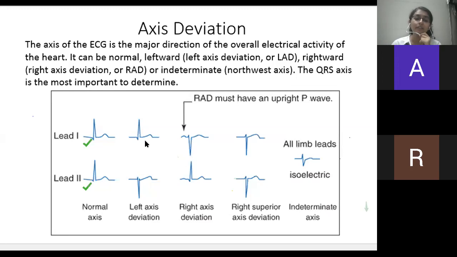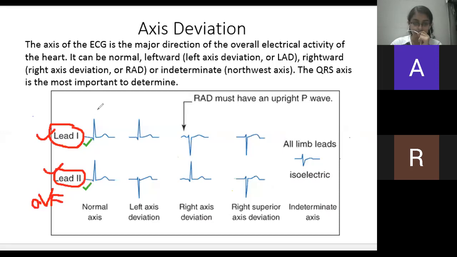Or it can be left axis deviation. For seeing axis deviation, you have to correlate the directions of R wave in lead 1 and lead 2. Sometimes you can also take lead aVF, but mostly you have to see lead 1 and lead 2.